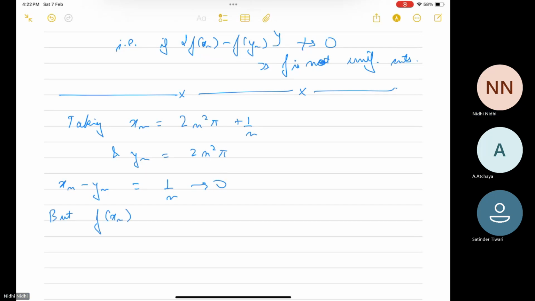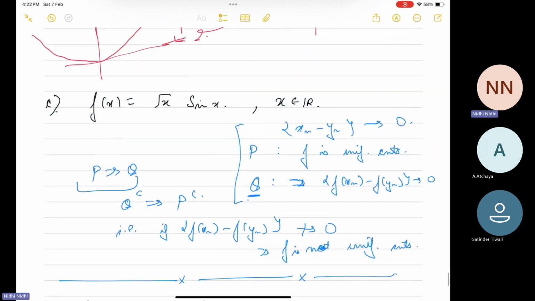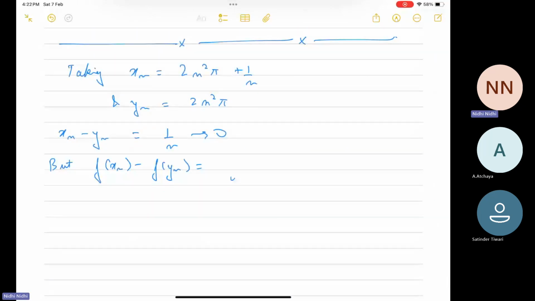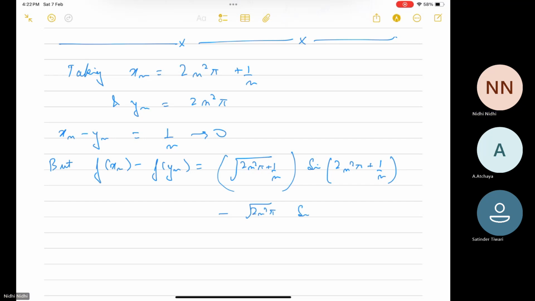f(xn) minus f(yn), this will be, yeah, this is root x sin x. Mod of root of (2n square pi plus 1 by n) times sine of (2n square pi plus 1 by n), minus root of 2n square pi times sine of 2n square pi.